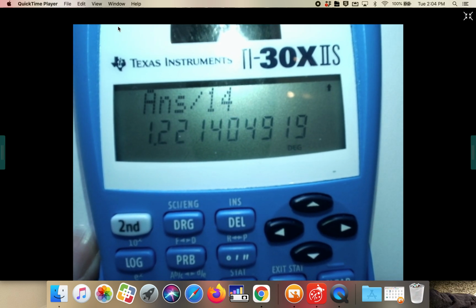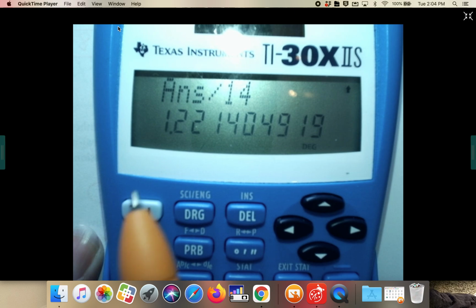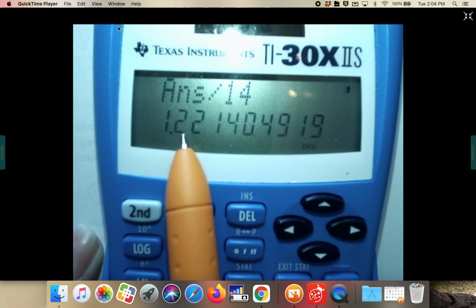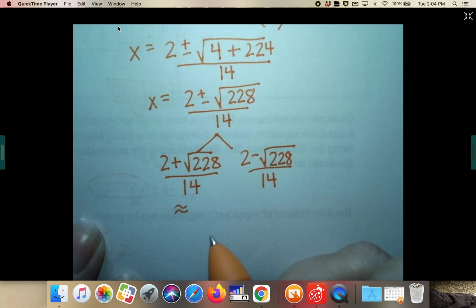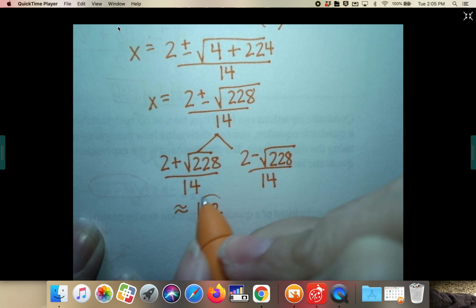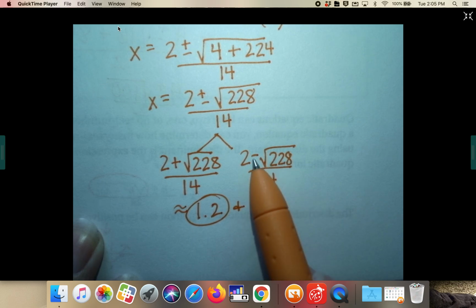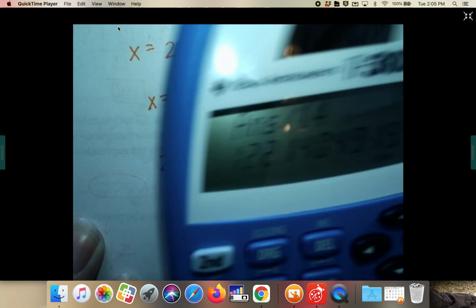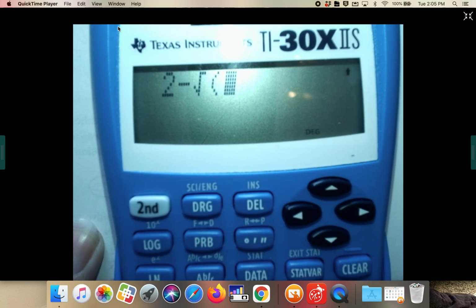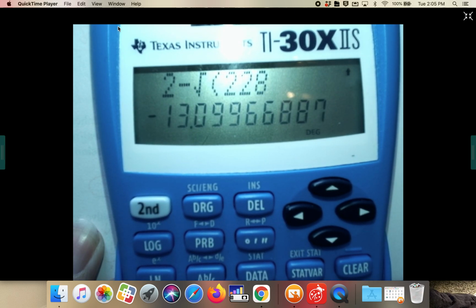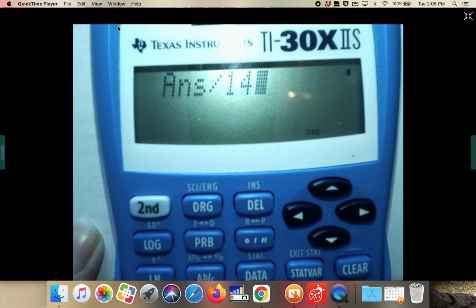And we're going to round it to the nearest, let's say 10th. So I'm going to put 1.2. This little squiggly equals means about 1.2. And now I'm going to do it where I subtract. So now I'm going to do 2 minus the square root of 228 divided by 14.